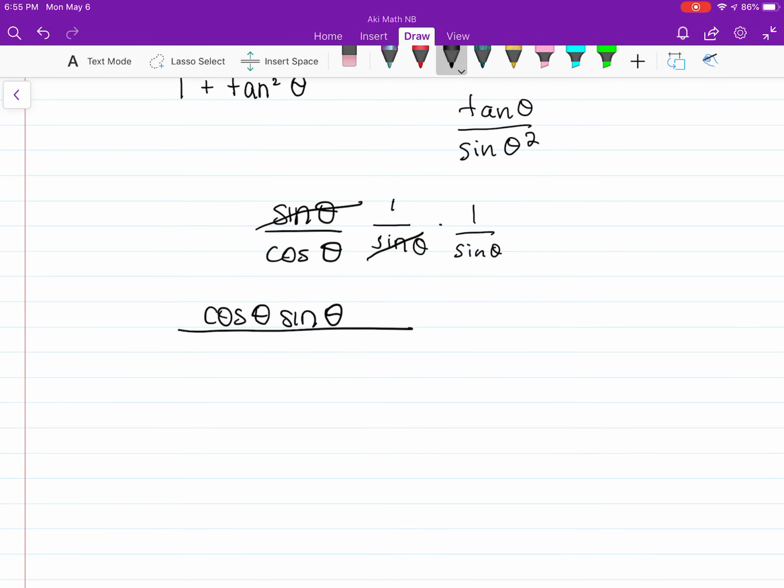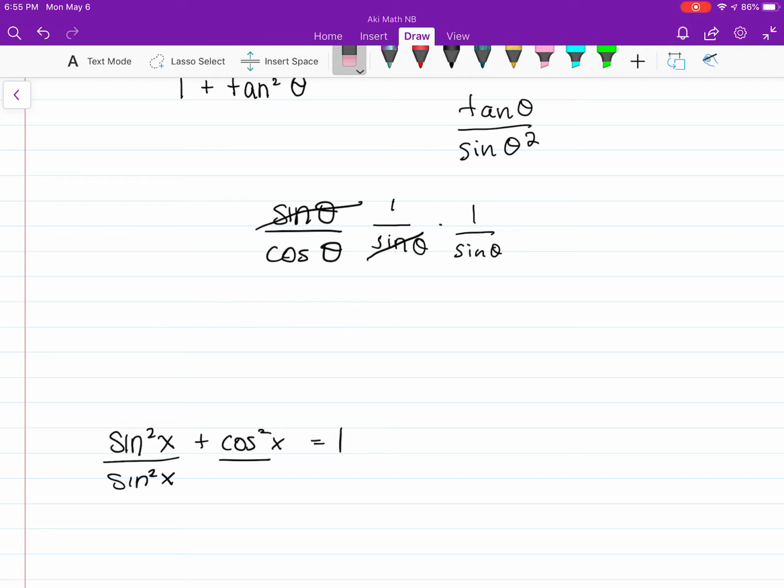Okay, so first of all, if I divide all of these, wait, isn't this under 1? Oh, it is. Okay, we'll fix that in a moment, though.